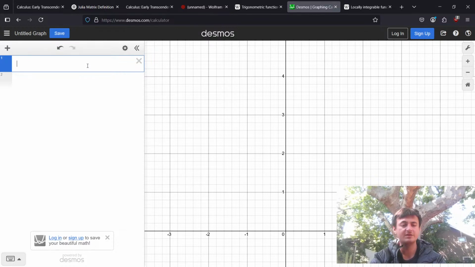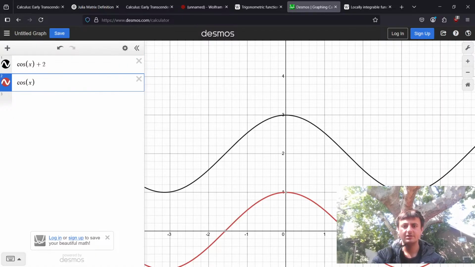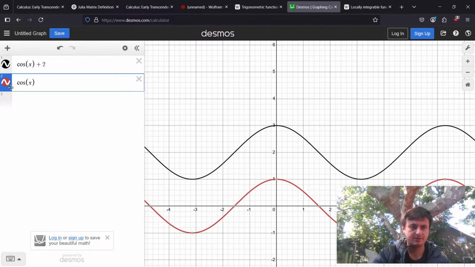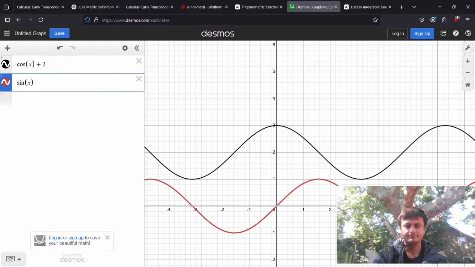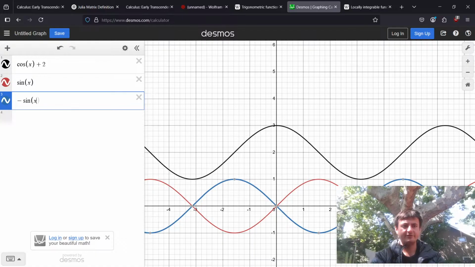So consider cos x plus 1 and consider cos x. So this one's going to be minus sine of x, right? And this is going to be cos x.